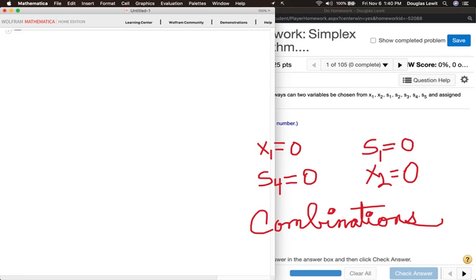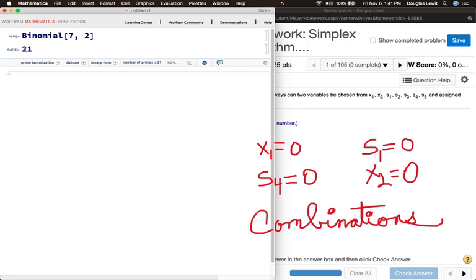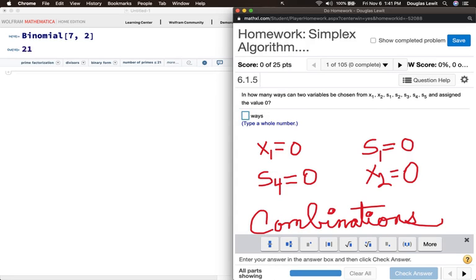So I have 7 variables. How many ways can I combine them 2 at a time? To answer that question, I would use Mathematica's binomial command, 7, comma 2. This is like a combination. Shift enter, and the answer is 21 ways.